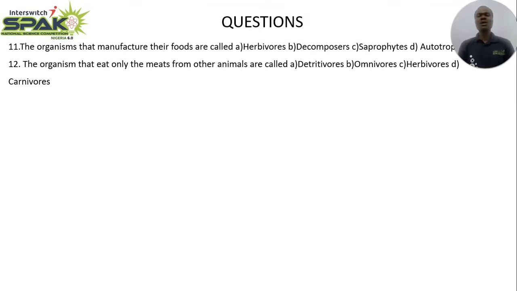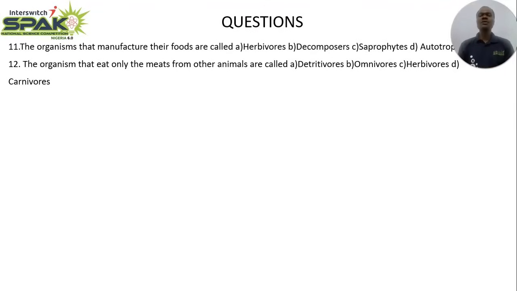The detritivores are organisms that feed on humus, like earthworm, eating through humus, organic material in the soil, the decayed, completely decomposed organic material called humus.